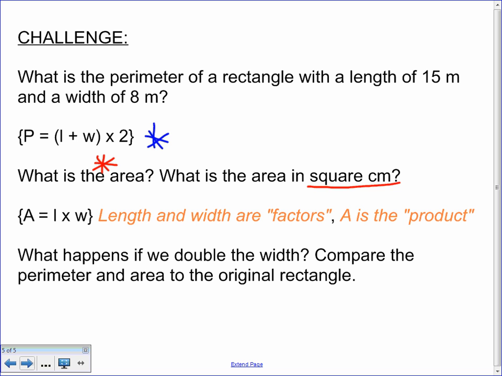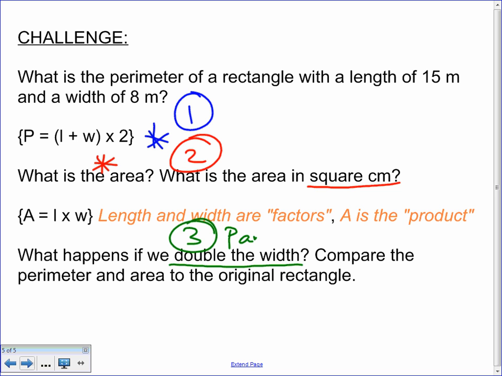What is it in square centimeters? And then what happens if we double the width? So several steps here. 1, find the perimeter. 2, find the area. 3, find both the perimeter and area if you double the width, and then compare.